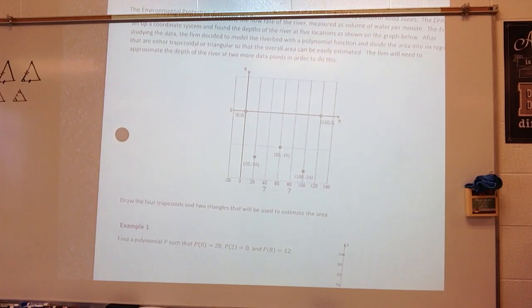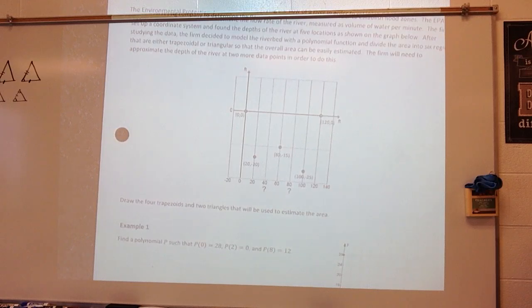How can we estimate the flow rate of water? Well, it talked about area, so we need the area of the cross section and the current speed of the water. Then the flow rate is the product of the cross-sectional area, in square feet, and the speed of the water in feet per second.